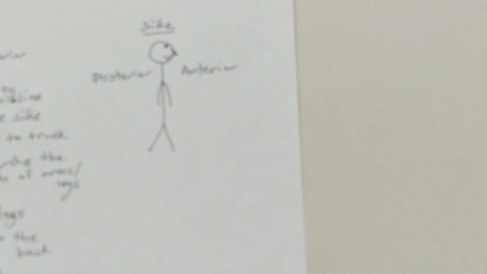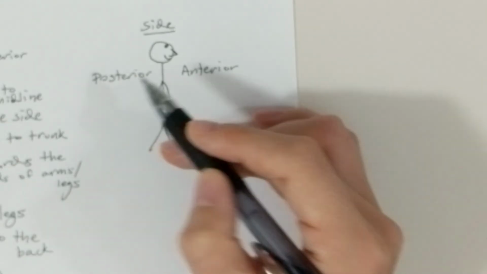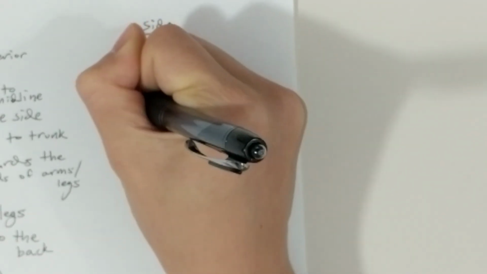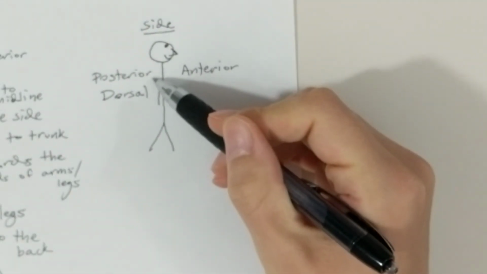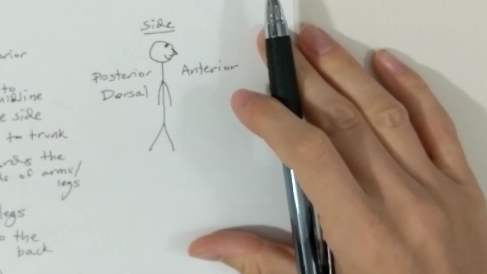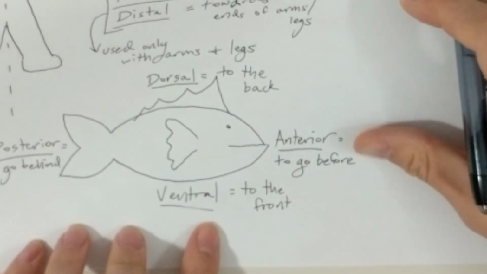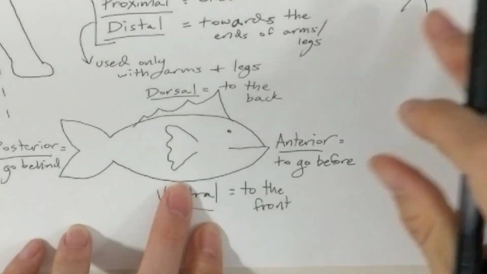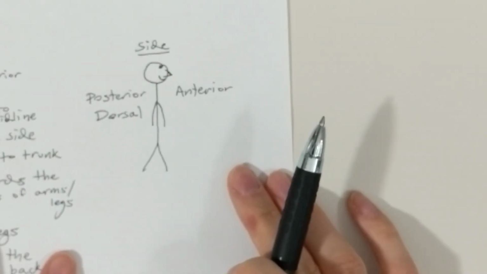What about ventral and dorsal though? How about dorsal? That means to the back. On the fish, it's a totally different direction than it would be on people. We actually also put it back here because this is our back. So again, the fish, dorsal and posterior would be different directions. With people, it's the same.